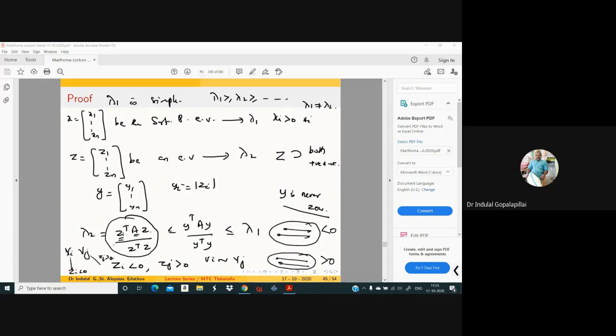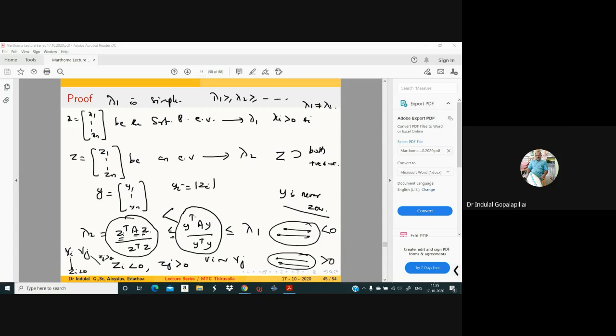That means there are negative contributions in the first Rayleigh quotient, whereas there are only positive contributions in the second Rayleigh quotient. So this inequality must be strict. If y is never 0, then this inequality is strict, because all entries of y are positive.